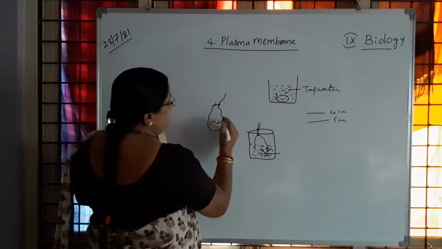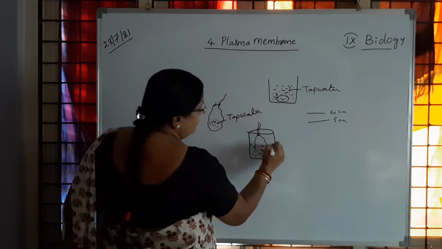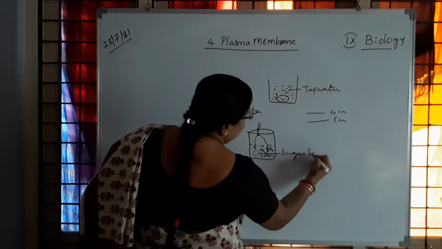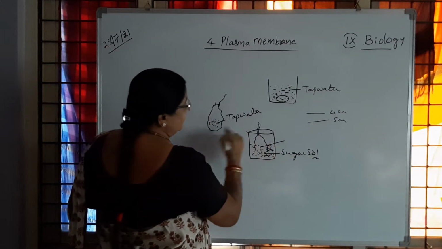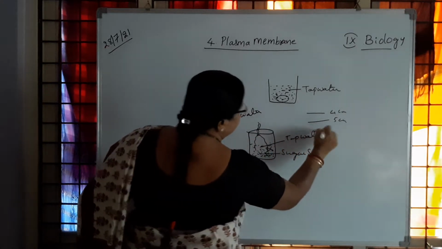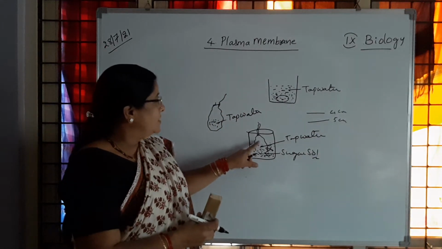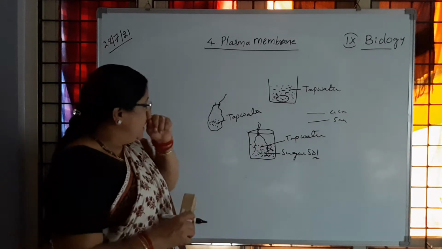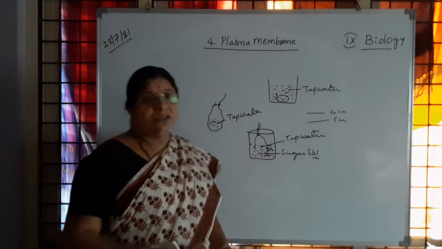Here we are going to take tap water in the egg membrane, and in the beaker we are going to take sugar solution. So now what are we going to observe here? The size of this membrane is decreasing, because the water which is present inside will be leaving into the sugar solution.